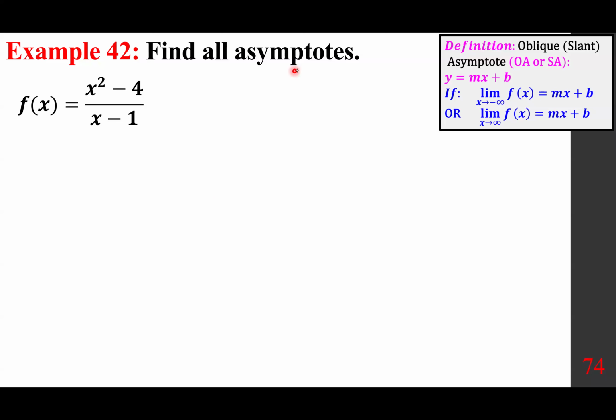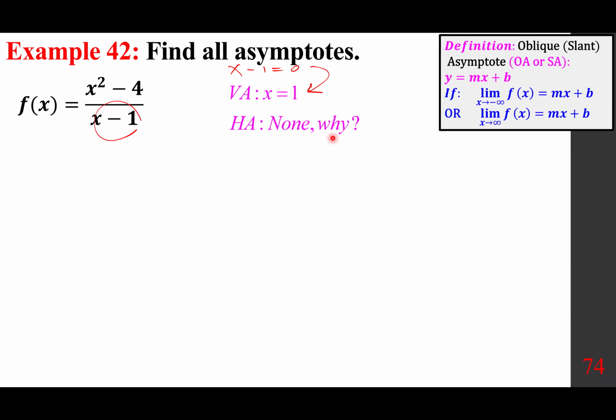All right, we want to find all asymptotes. F of x is x squared minus 4 over x minus 1. Obviously, the vertical asymptote: x minus 1 equal to 0, and you get x equals 1.